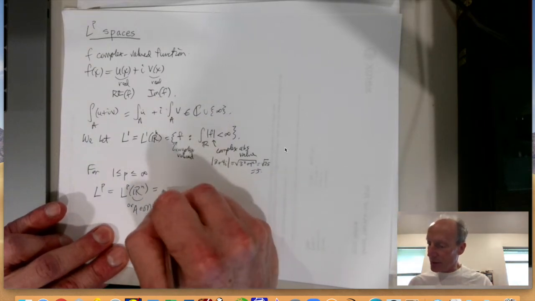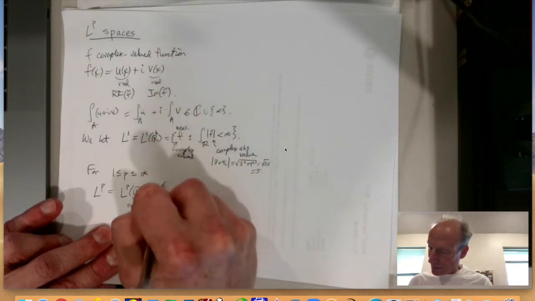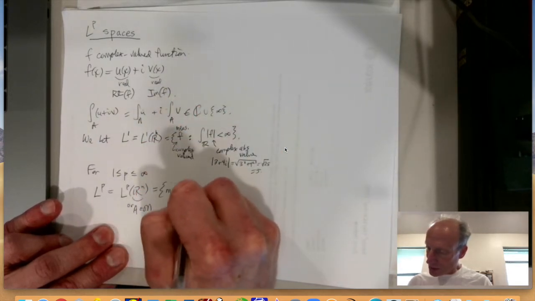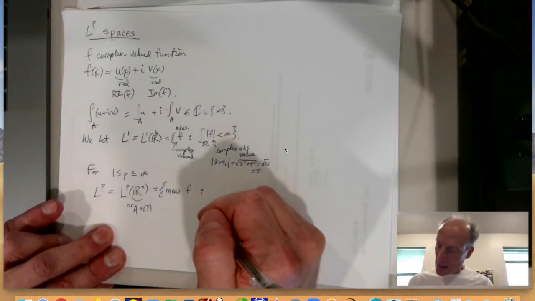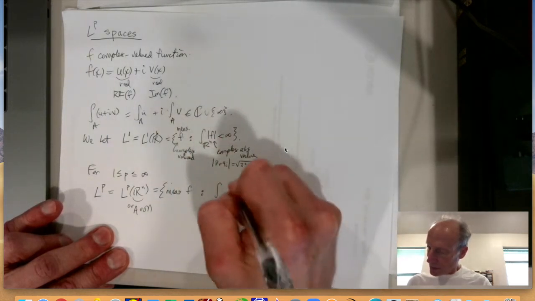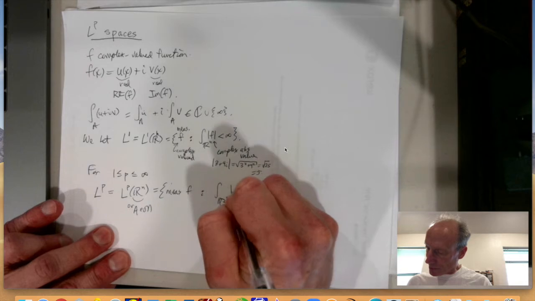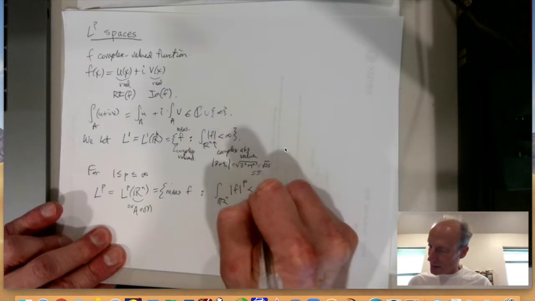This would be the set of all, oh, I forgot to say that this is measurable, the set of all measurable functions f, otherwise you wouldn't know what to do with the integral, such that the integral over Rn of the absolute value of f to the p power is less than infinity.